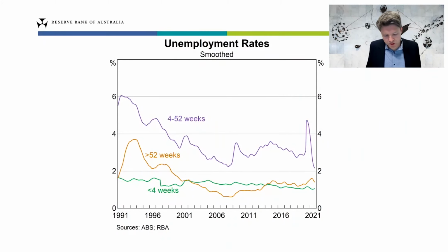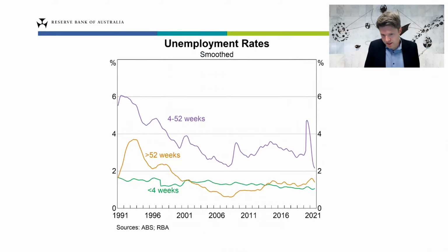There will always be some frictional unemployment in the labour market, because as the economy grows and as industries change and firms grow and contract, there will always be some people who are between jobs for a short space of time. And while the ABS don't produce estimates of frictional unemployment, they do publish data on the short-term unemployment rate.